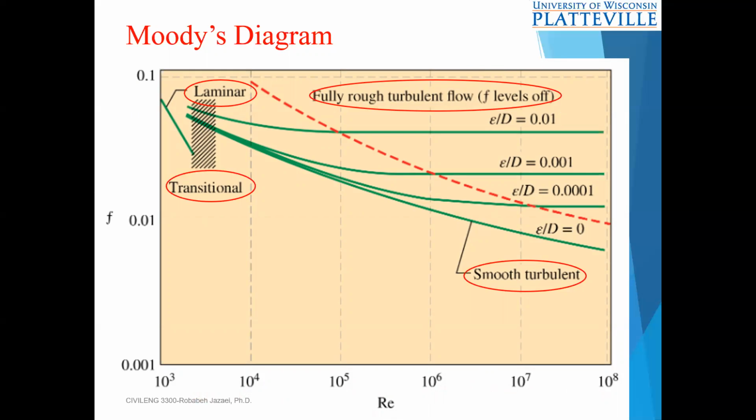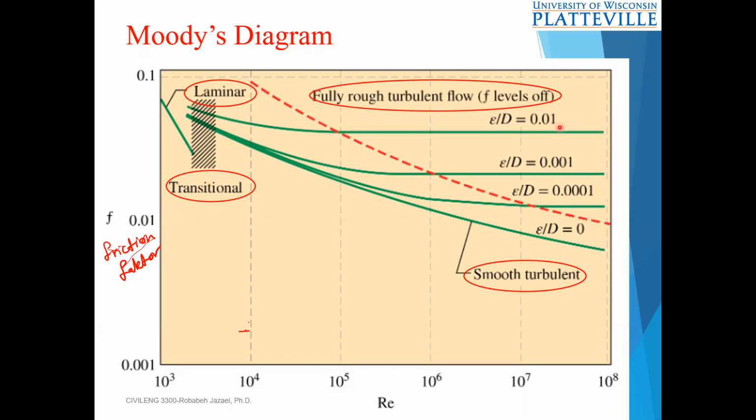Okay, so f is friction factor. In the bottom one, you can see very smooth turbulent, and the top is fully rough turbulent flow.